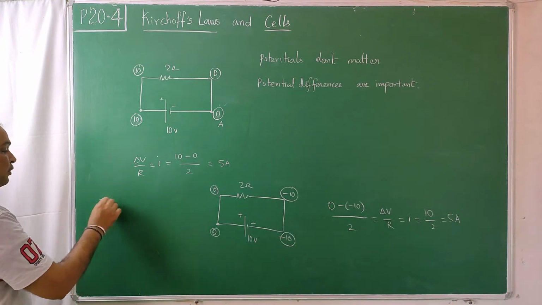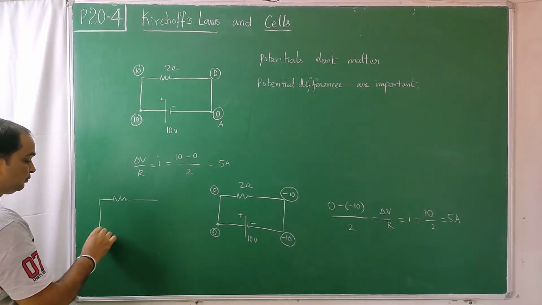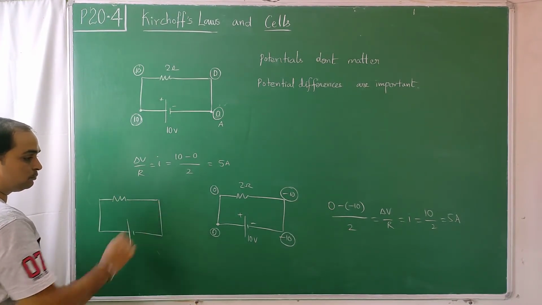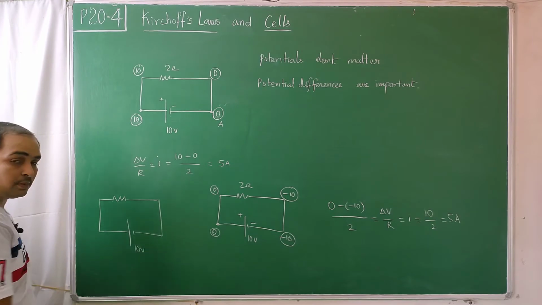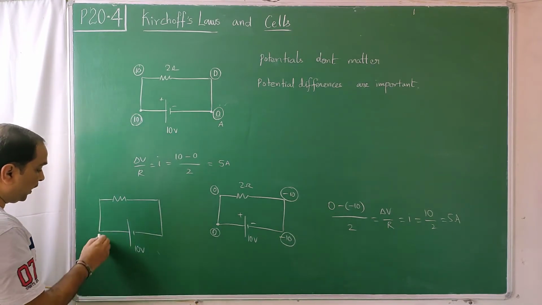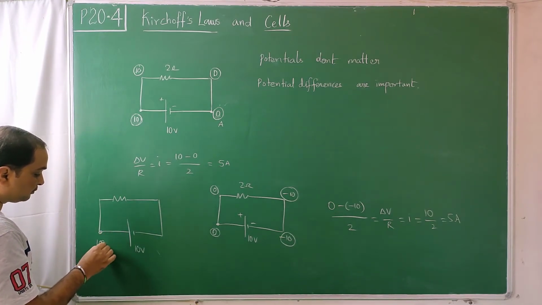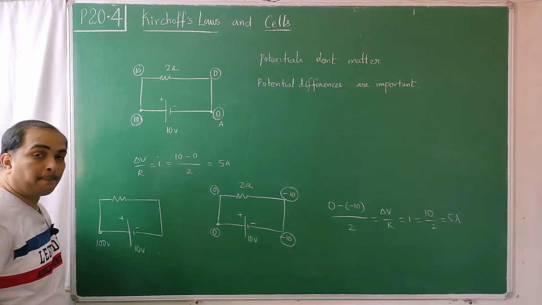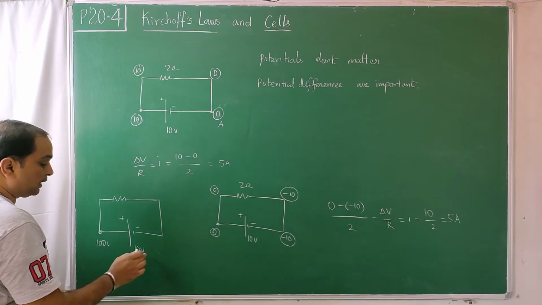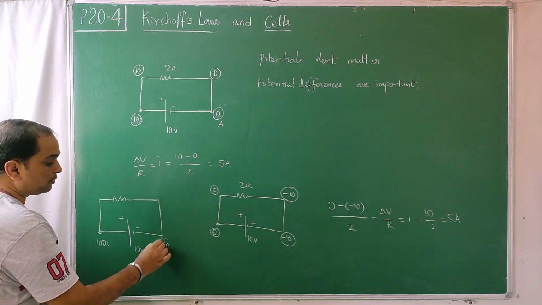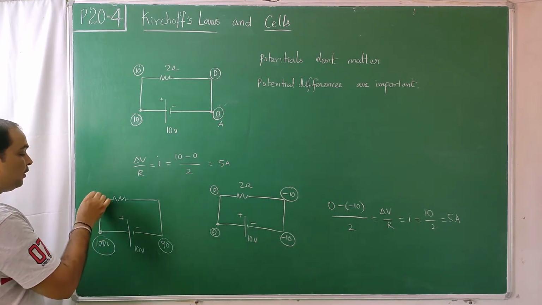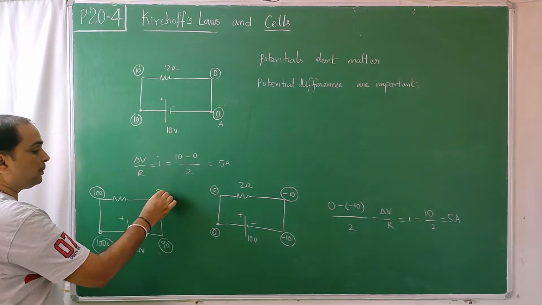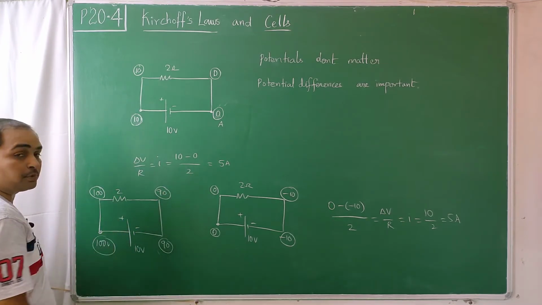Similarly, we repeat the calculation. 10 volts. If I take this terminal to be 100 volts, plus 2 minus, there is a drop. So this should be at 100 minus 10, 90 volts. So this point will be at 100 volts, this point will be at 90 volts, and this is 2 ohms.